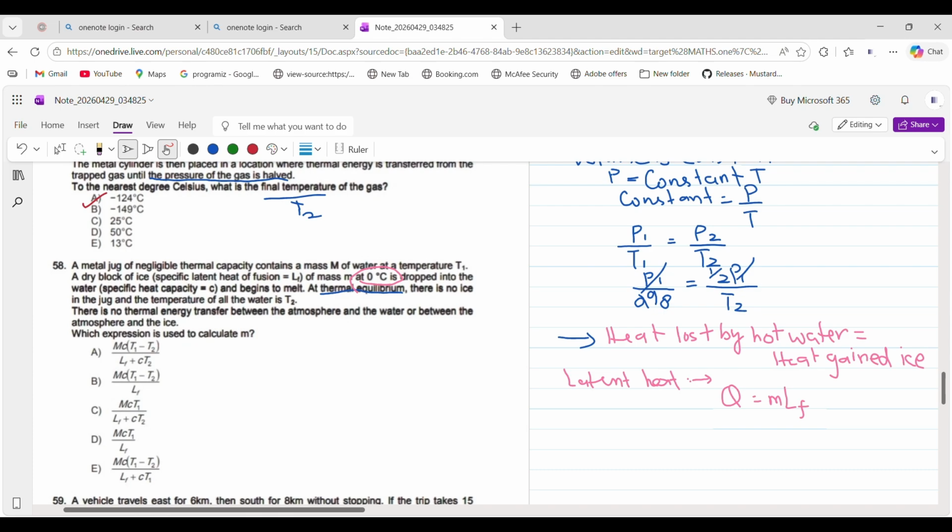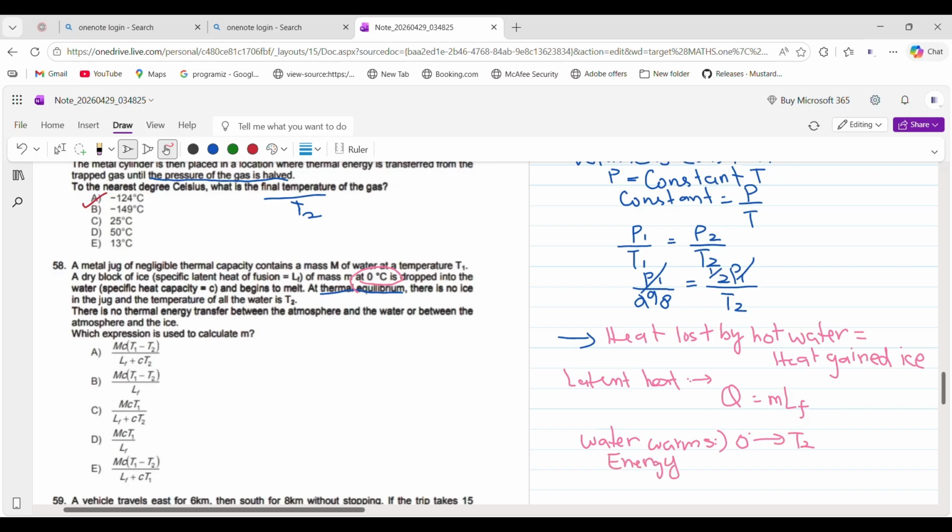Now I hope this is clear, where m is the mass of the ice and Lf is the latent heat of fusion. After melting, water will warm from 0 degree centigrade to T2. Water warms after melting, from 0 degree centigrade to some temperature T2, so of course energy would be required for that as well.